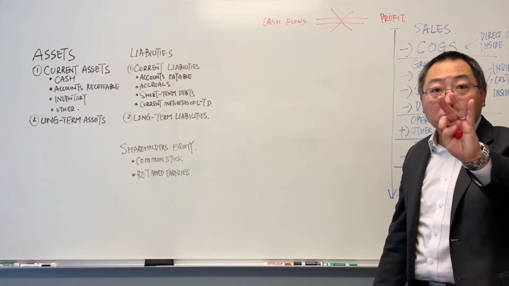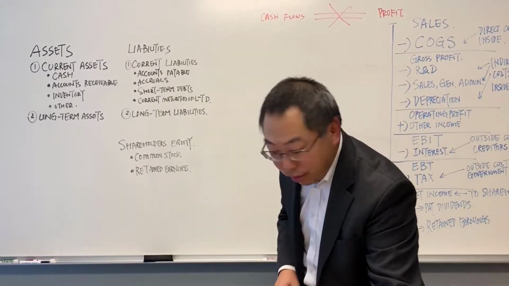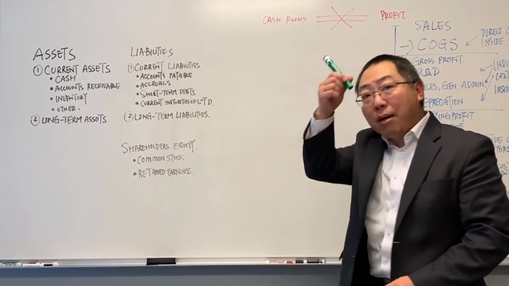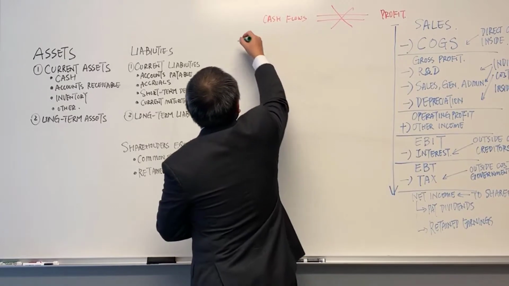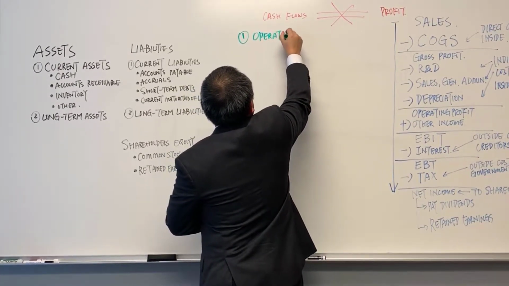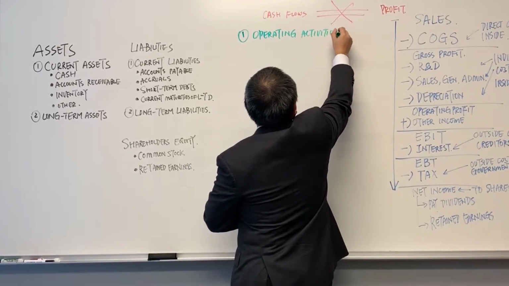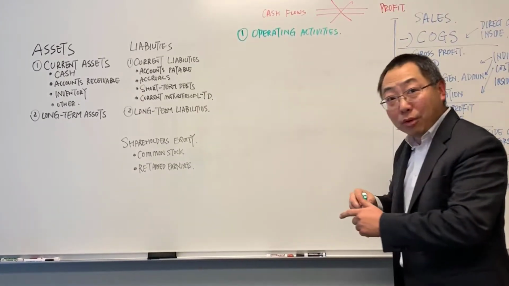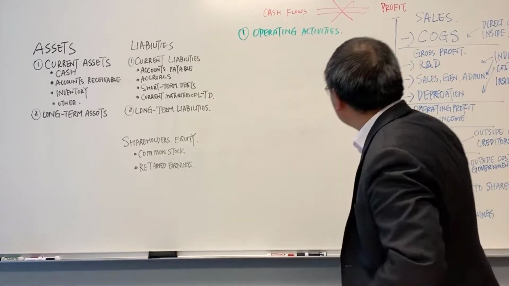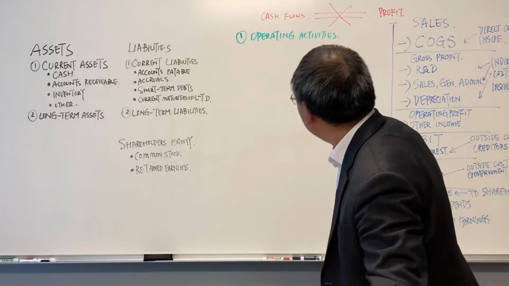Focus on the three sources of cash flows. Number one, cash flow from operating activities. I'm going to use a green pen. How do we construct the cash flows from the operating activities?